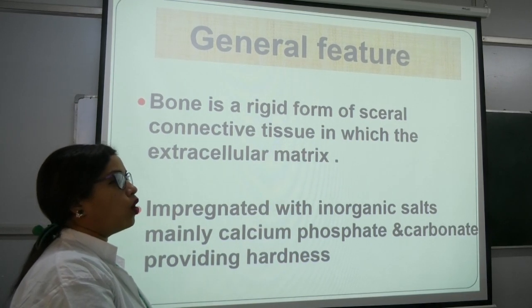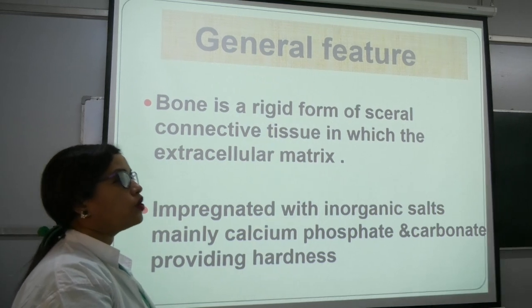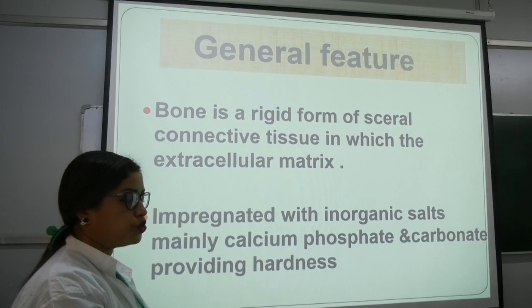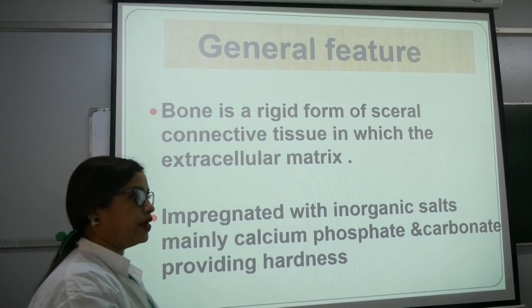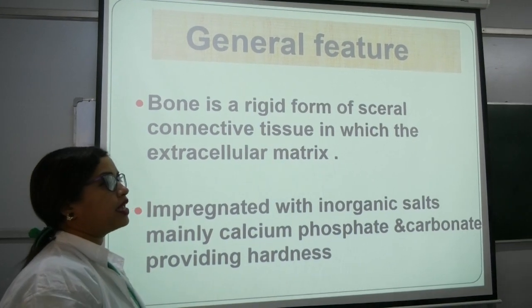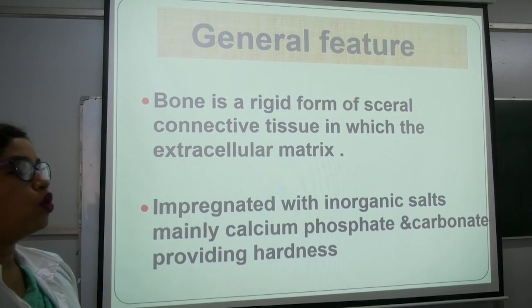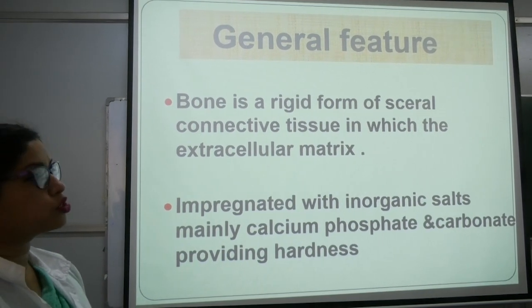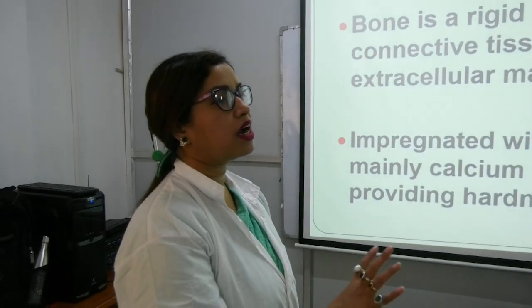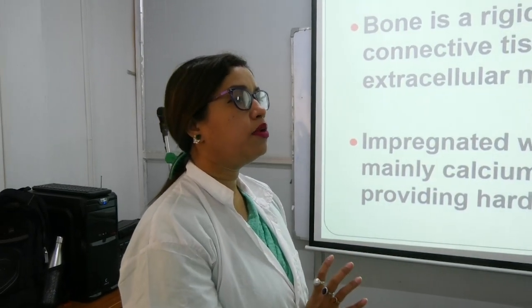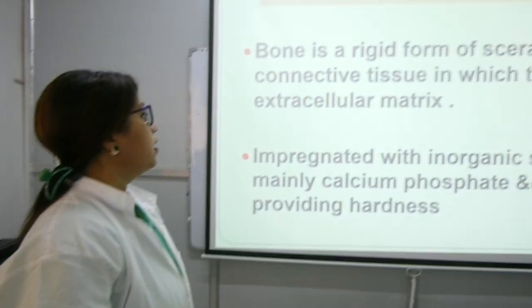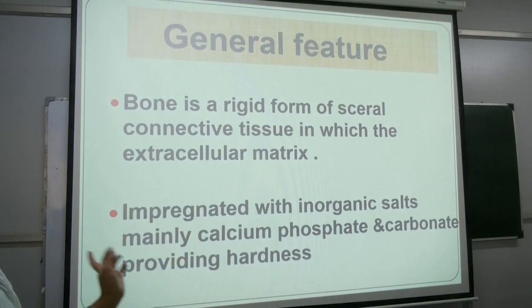In the form of calcium hydroxyapatite. Okay. So it has calcium carbonate, calcium phosphate, and particularly phosphate. These are found in bone. So mainly calcium, phosphate and carbonate.